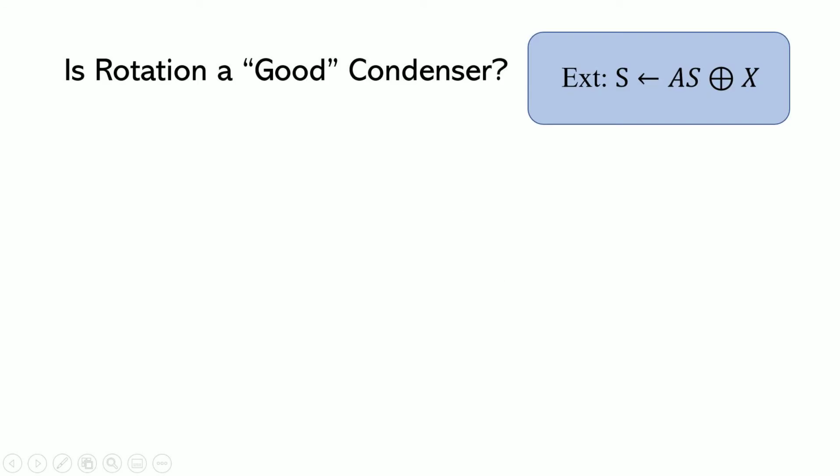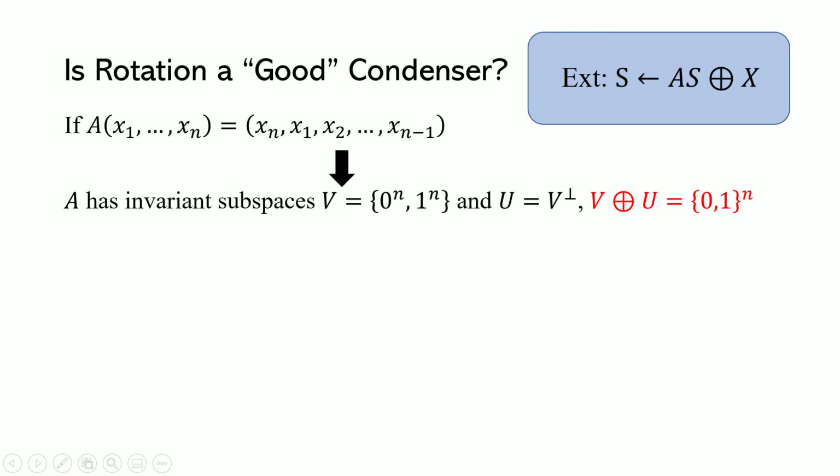We continue the example of rotation by 1. We have seen A has invariant subspace V, which is all zeros and all ones. It has dimension 1. We denote the orthogonal component of V as U. U is a set of strings whose number of ones are even.